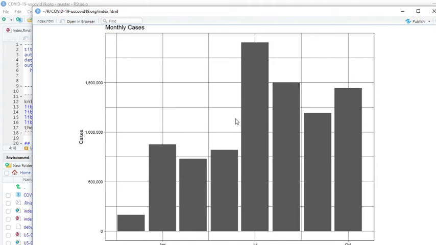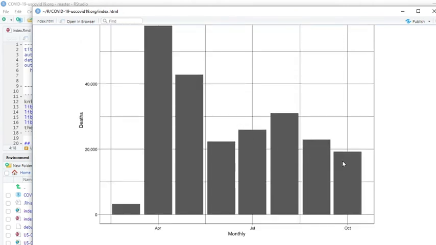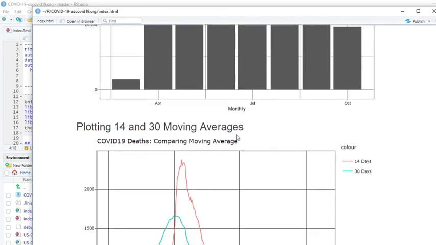Maybe deaths for October stay at or below the September numbers, but you can still see that the numbers for the month are still well below this number here. As a matter of fact, you can see these five here are below this one here, and these two are below this. Okay, so anyway, that's that report.